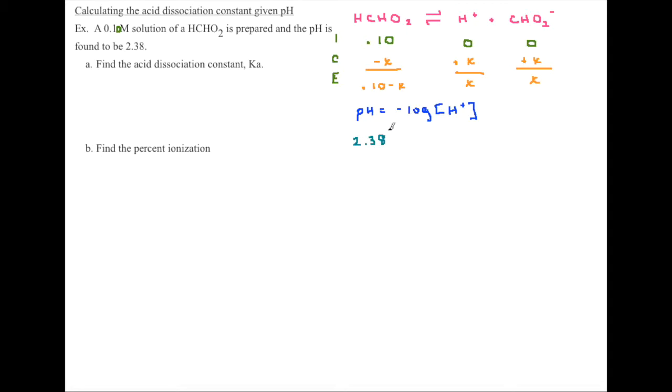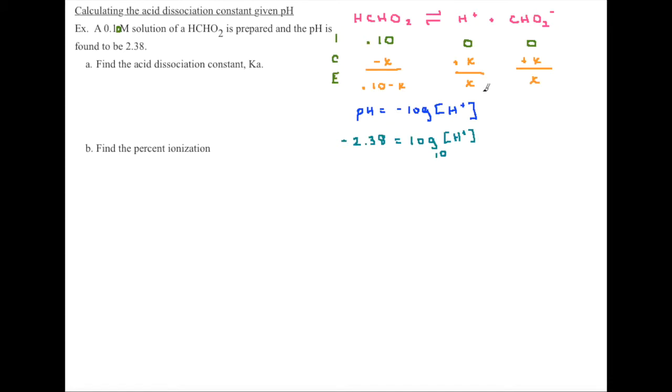And I'm actually going to move the negative over here. So the negative 2.38 equals the log of my concentration of H+. Keep in mind, since nothing is written here, there's an implied base 10. So to calculate the concentration of hydrogen ions, it would just be 10 raised to the negative 2.38, and that equals my concentration of H+.